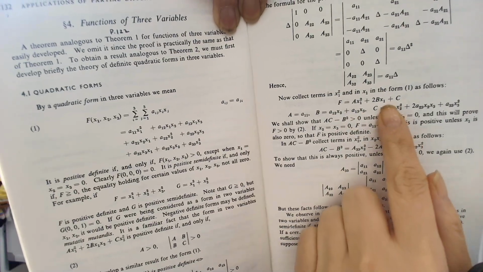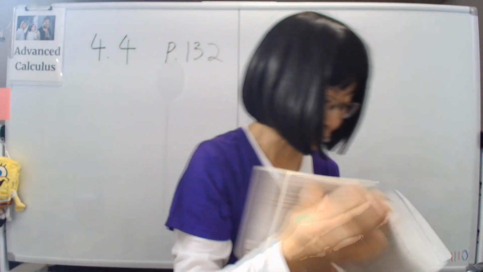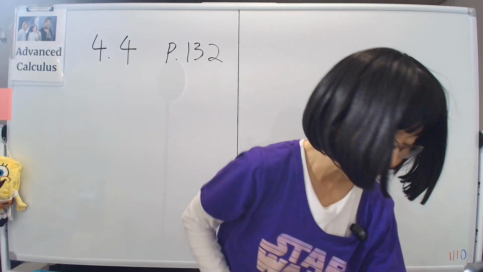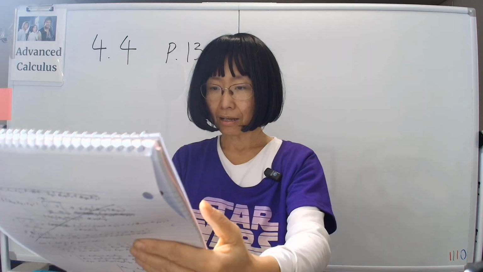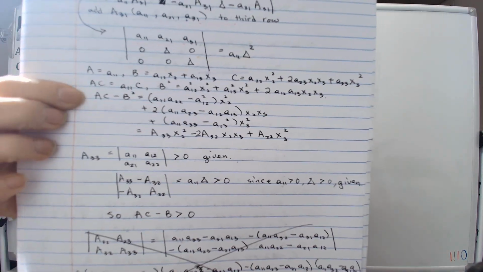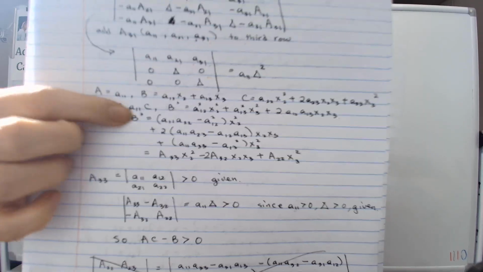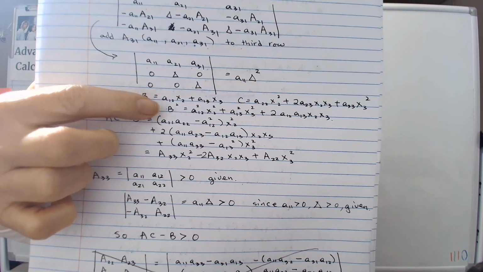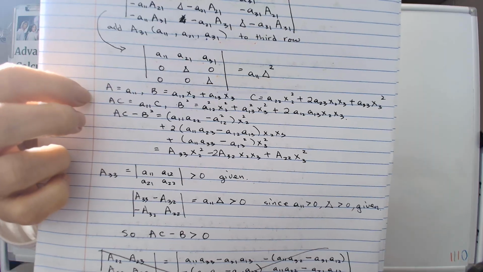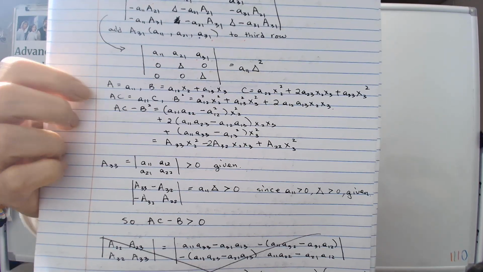And similarly, whatever's left, that doesn't have x1 in it, we'll call it C, where C will be equal to this thing. Please work that out yourself as well. There's a bunch of algebra. I think I did that. See, right here, I wrote a bunch of stuff down and then calculated, and then I collected the terms and came up with all these things. All right, so far so good.